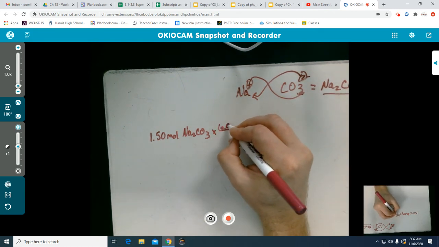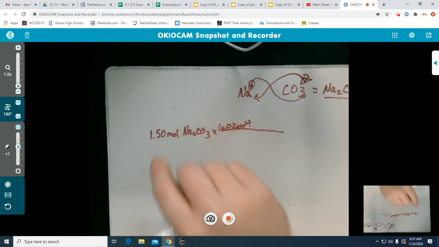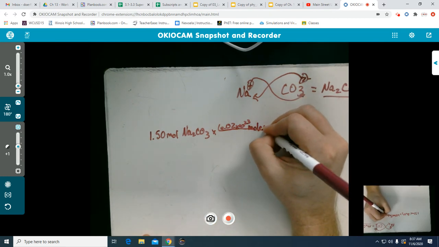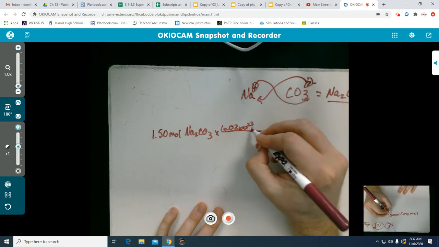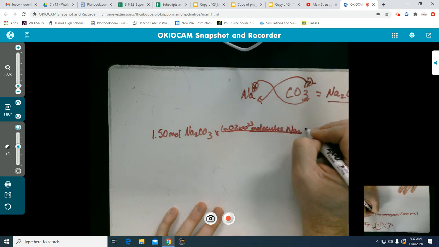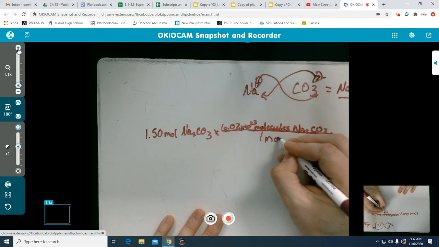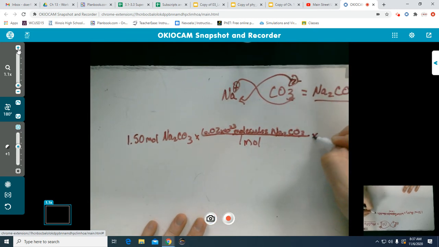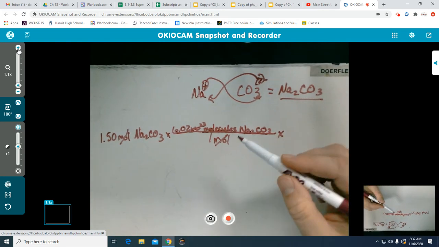Avogadro's number, 6.02 times 10 to the 23rd molecules Na2CO3 over 1 mole. And so that allows for moles to cancel. So now we're at molecules, and we're still after oxygen.